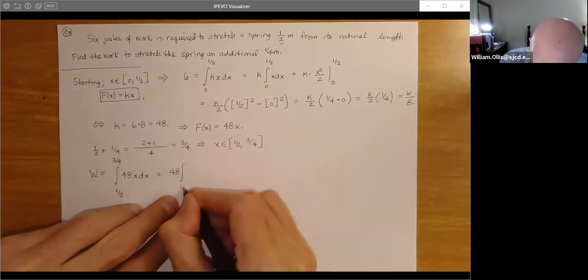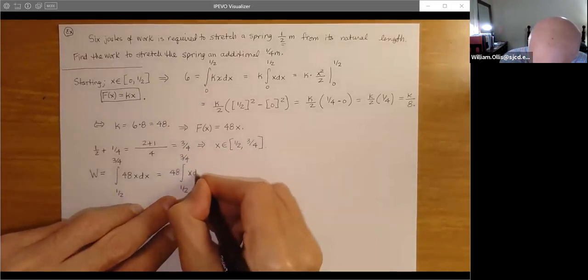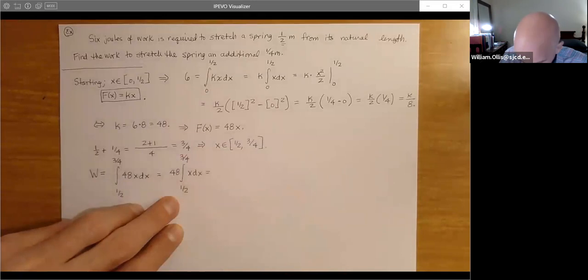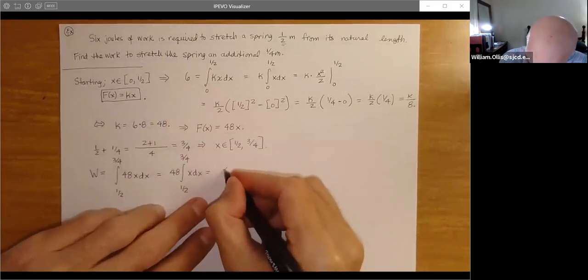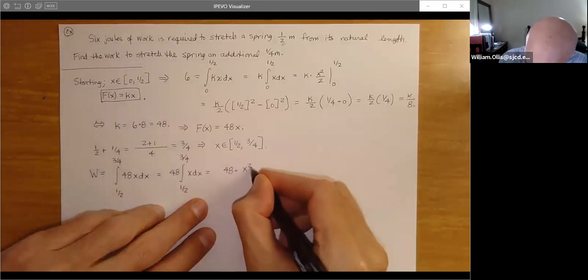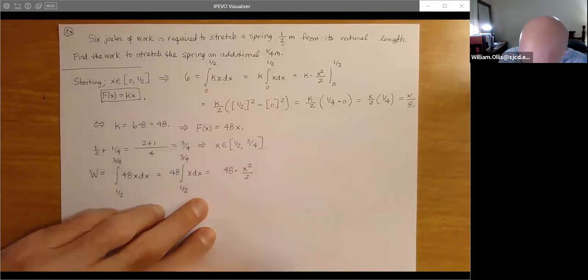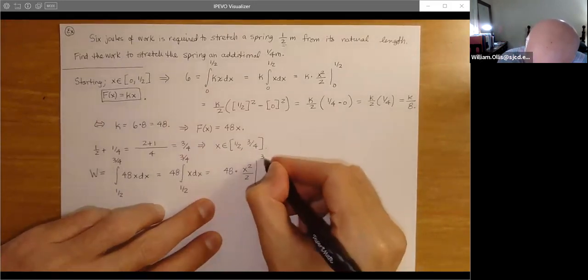So we have 1/2 to 3/4 x dx. And our good friend, add 1, divide by the new power. So we have 48 times x squared over 2, 1/2 to 3/4.